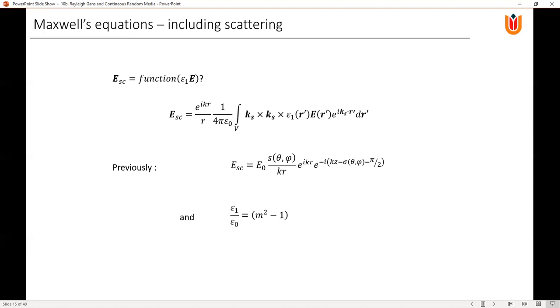If we now compare that to our previous results, or our previous way of writing the scattered field, then even though it is complicated, there are some similarities. There are some differences. There is the total field inside the integral. There is the incident field outside of the integral. There is scaling with R in both equations.